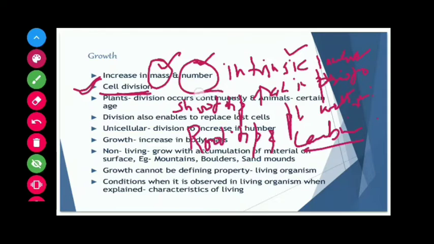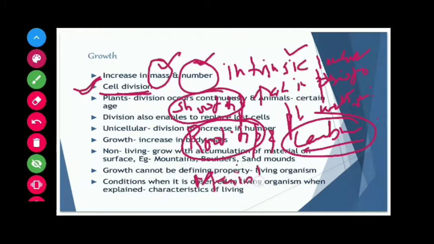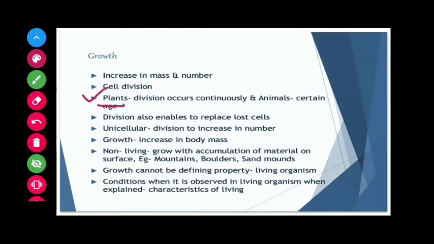Actually root tip, shoot tip or cambium have meristematic tissue, and you must have heard about the meristematic tissue. Meristematic tissues are those tissues which are continuously dividing tissues. They are made up of simple cells and they divide throughout their lifespan. This is the main difference between growth that takes place in plants and the growth that takes place in animals.